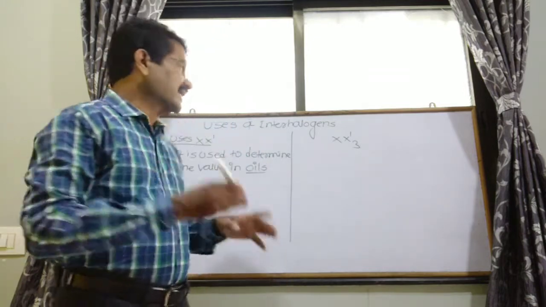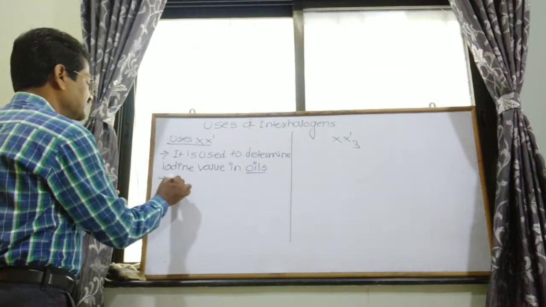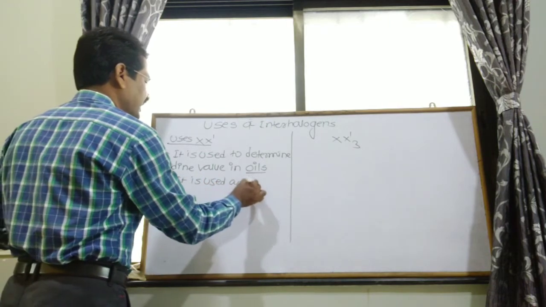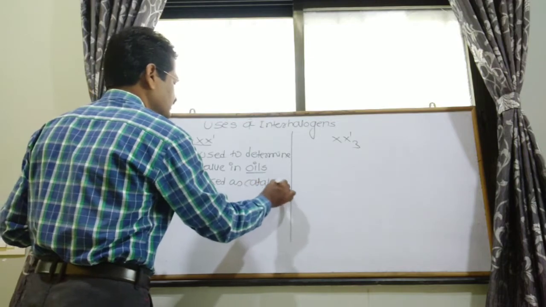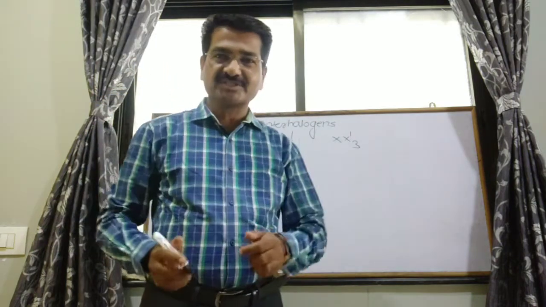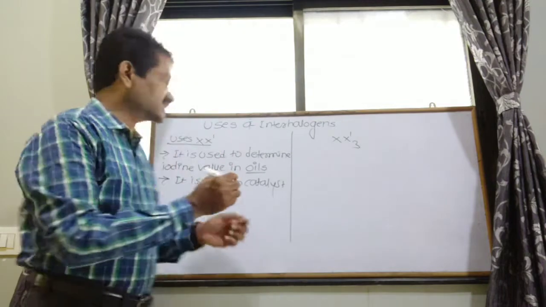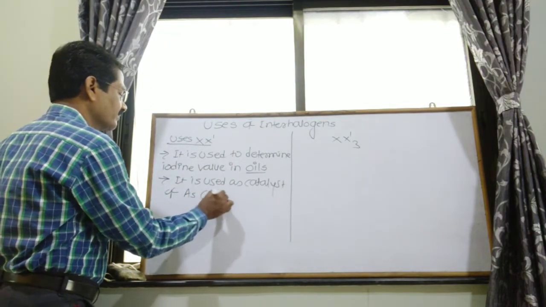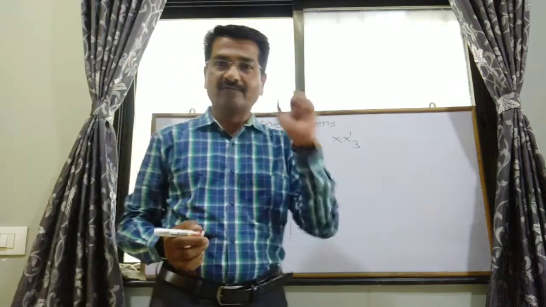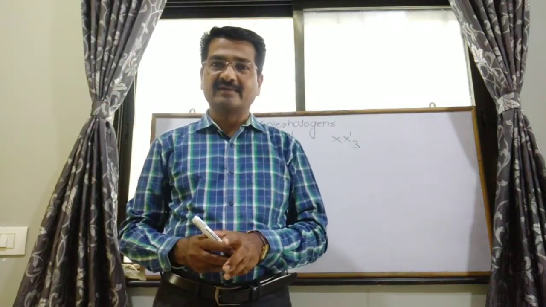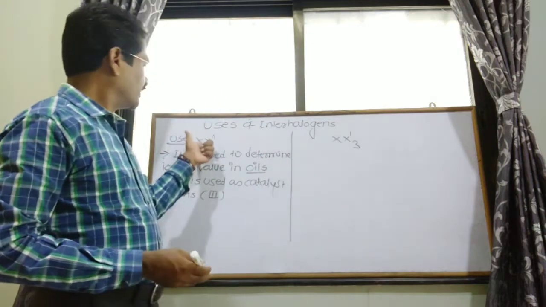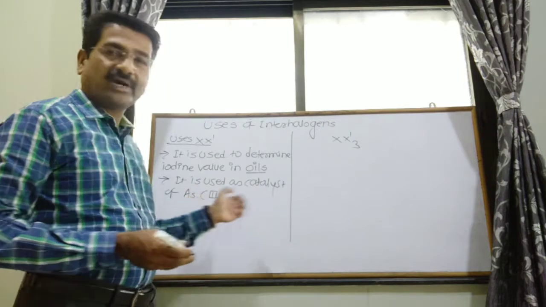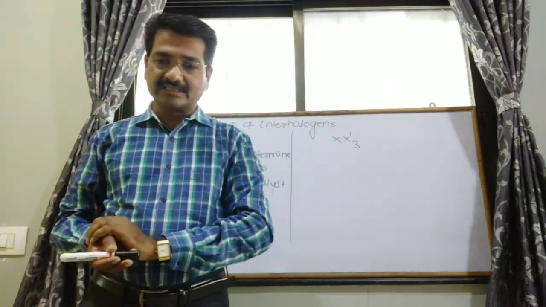That is first. Second one, it is used as a catalyst in chemical reactions. It is used as a catalyst of arsenic trifluoride, AsF3, the p block element arsenic. So XX' interhalogen compounds are used as catalyst for AsF3.